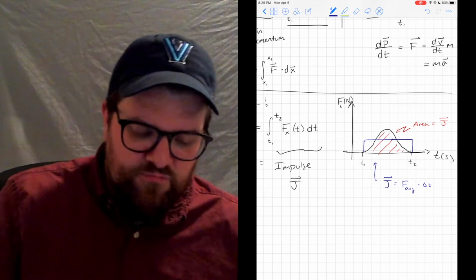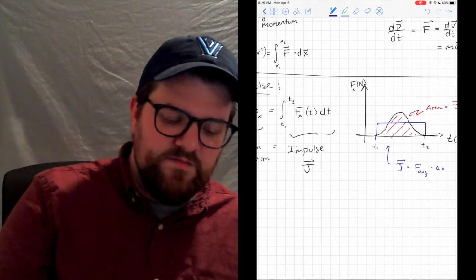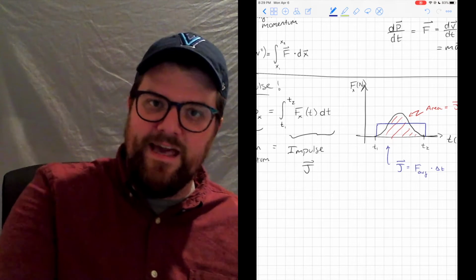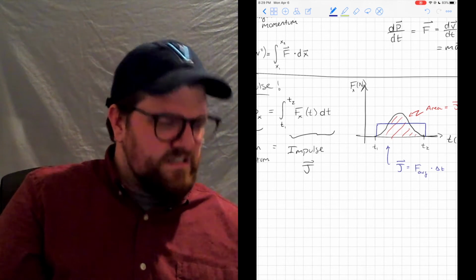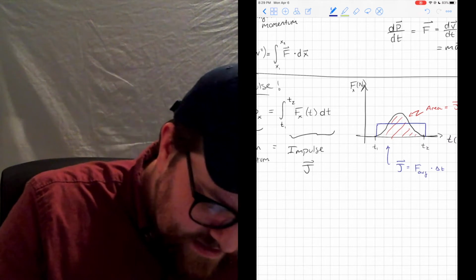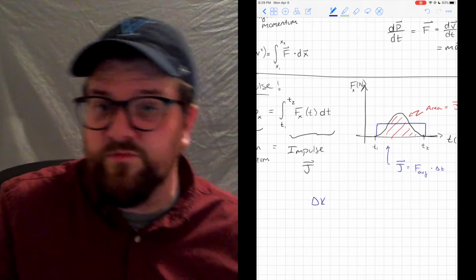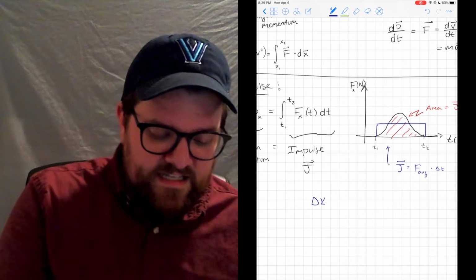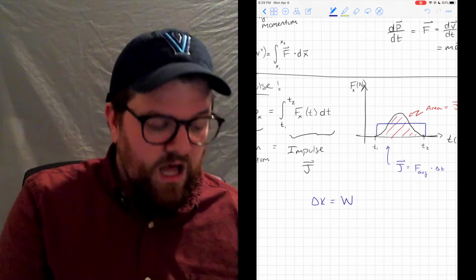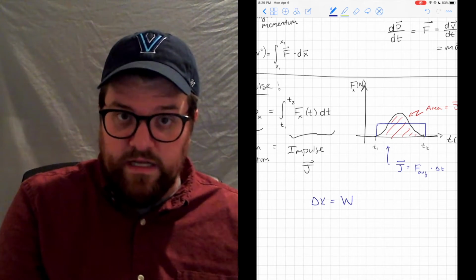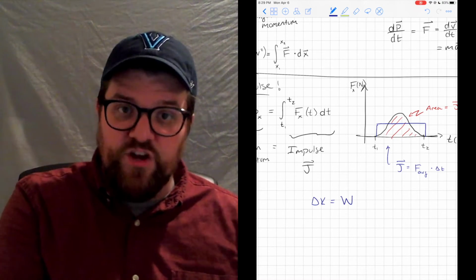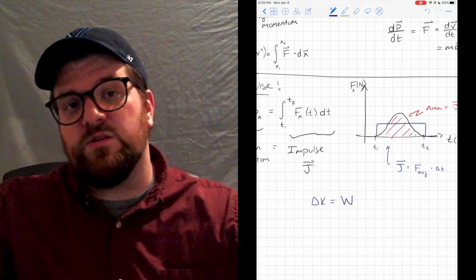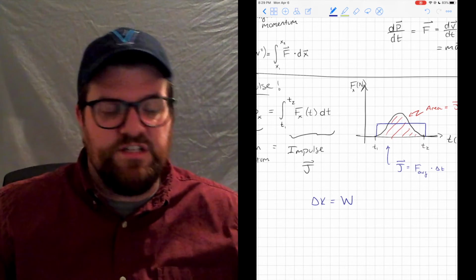This, I really do want to make parallel here. This looks a lot like energy, just kind of vectorized in a certain way. If I think about this, delta K is equal to the work done externally. That's what we were saying in Chapter 9 when we thought of everything as a work. We weren't thinking about potential energies yet.